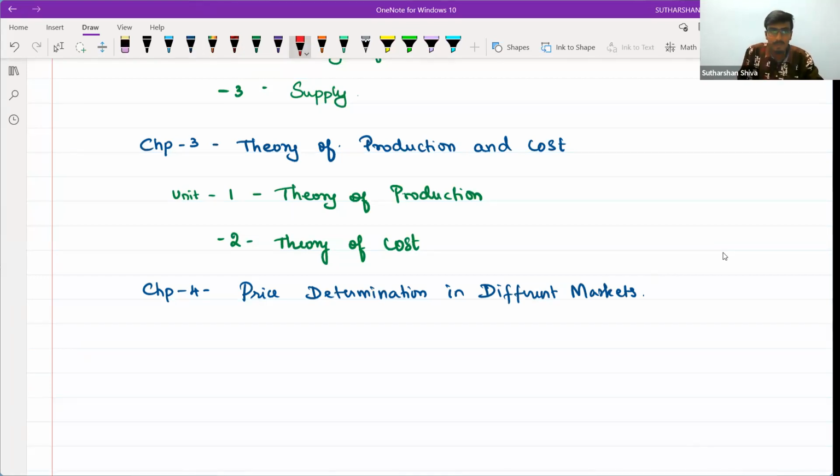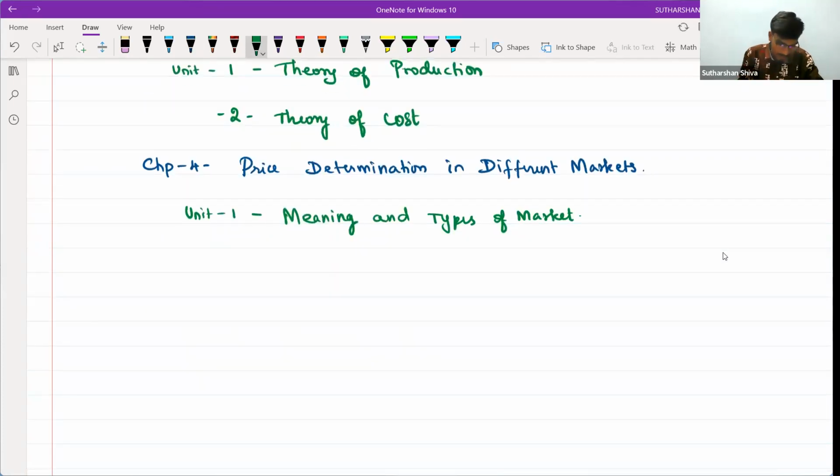In this, you are going to learn first the meaning of market and what the types of markets are, such as short-term market and long-term market. Then unit number 2: how to determine a price, determination of prices. That's your second unit.